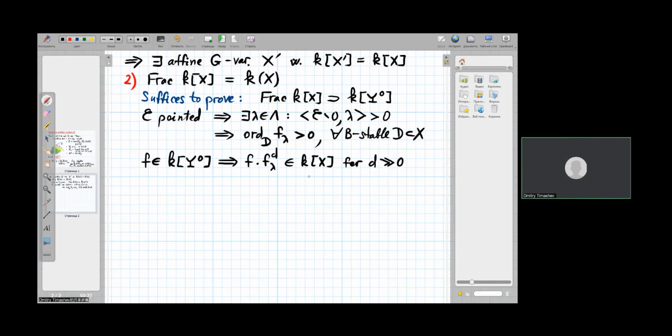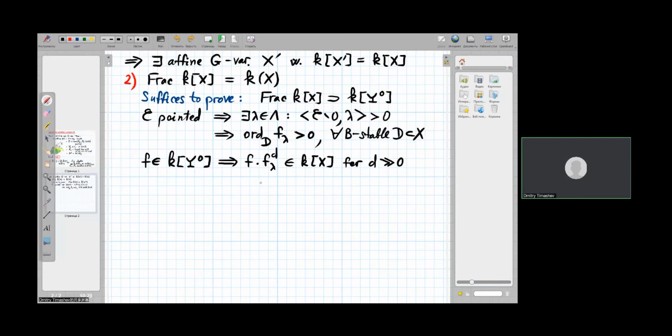And also the function f lambda itself belongs, sorry, I didn't want to write what I just have written.